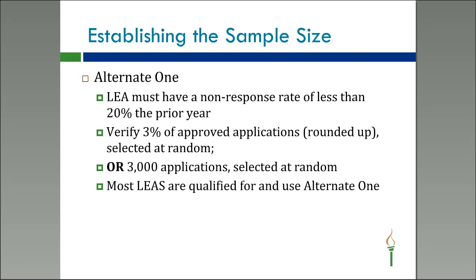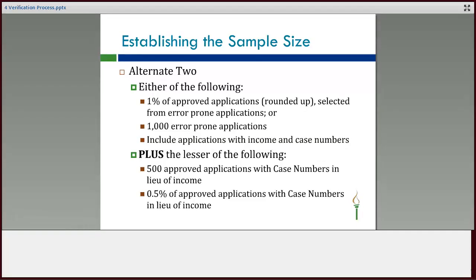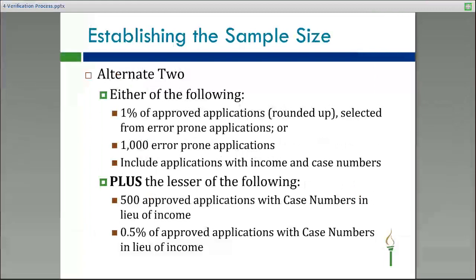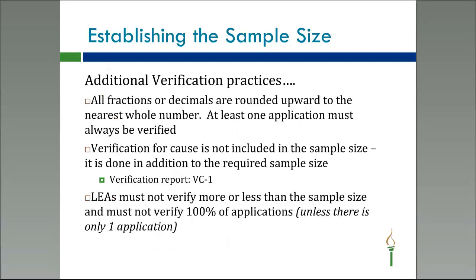Again, they'll verify 3% of applications, but then they select from random applications. For alternate 2, LEAs with less than 20% non-response rate from the previous year can choose alternate 2, and then they will choose 1% of applications selected from error-prone applications plus 0.5% of case number applications.